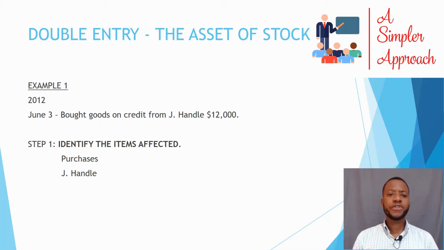So our first example. Bought goods on credit from J. Handel. Now remember our double entry steps. Step one, identify the items affected. Now let me help you out with something. You see those two words, bought goods? It's an indication of the first item affected, purchases.